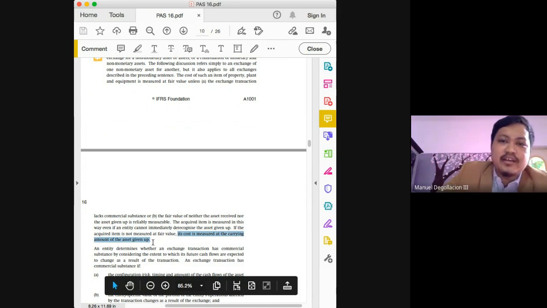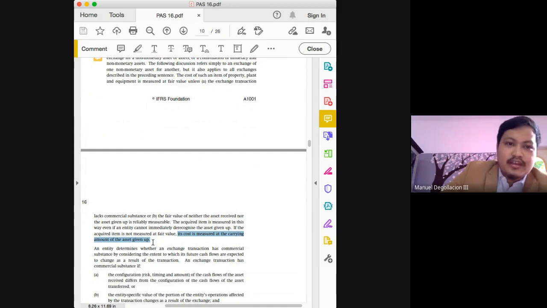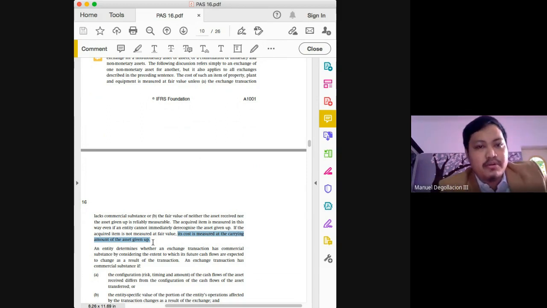In this case, there will no longer be gain or loss on the exchange, class. Whatever was the carrying amount of the asset that we have given up, that would already be the carrying amount of the asset that we have acquired. That is if the exchange transaction lacks commercial substance and/or the fair value of neither the asset received nor the asset given up is reliably measurable. Again, it's okay if you cannot fully comprehend this one.